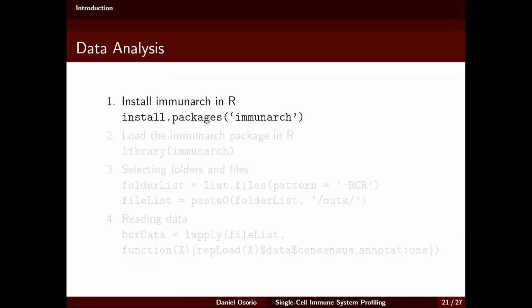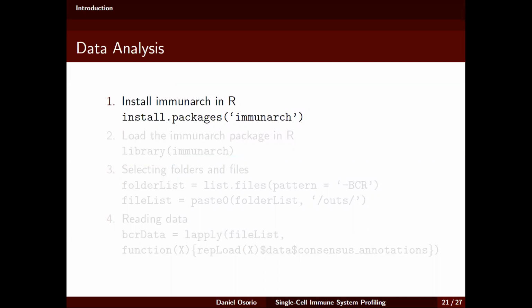So to do a more sophisticated analysis of the immune profiling, we are going to use the ImmunoArc package provided by R. And to do that in R, we just need to type install.packages ImmunoArc.